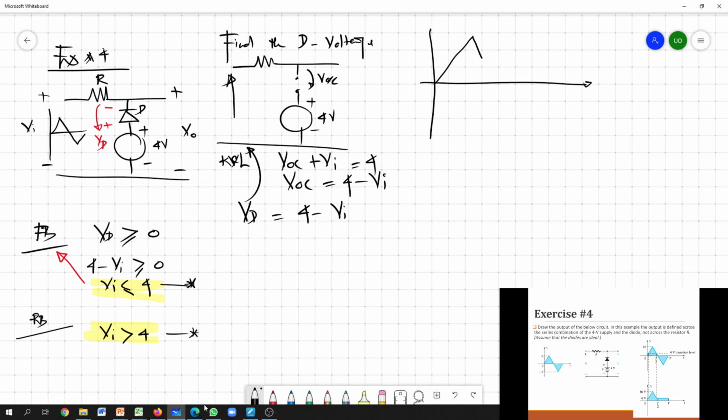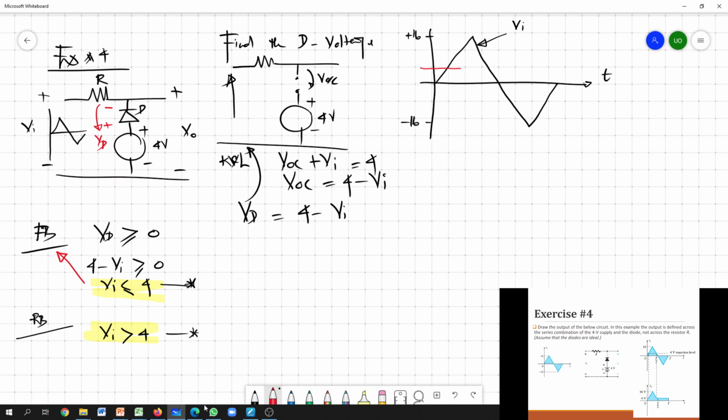Now we have this kind of triangular signal. This is plus 16, this is minus 16. So this is actually the input. From this, by looking at it, we can identify that the threshold or limiting voltage would be 4 volt.